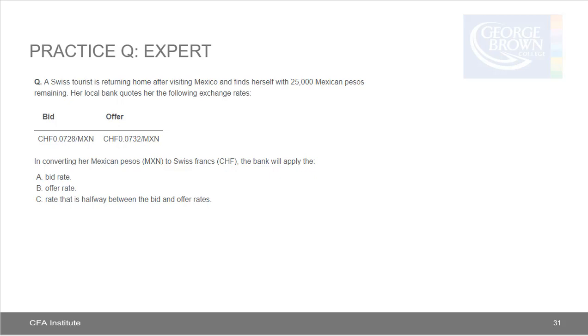And the offer is Swiss francs 0.0732, which is a higher number. The offer is higher than the bid, to 1 Mexican peso. So in converting her Mexican pesos to Swiss francs, the bank will apply the A, bid rate, B, offer rate, or C, a rate that is halfway between the bid and offer rates.